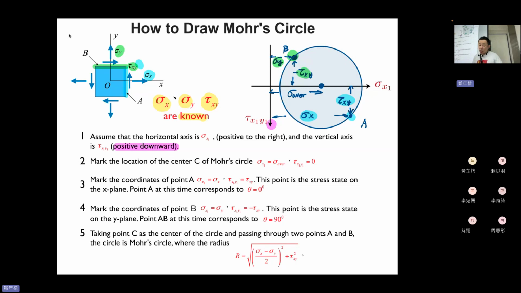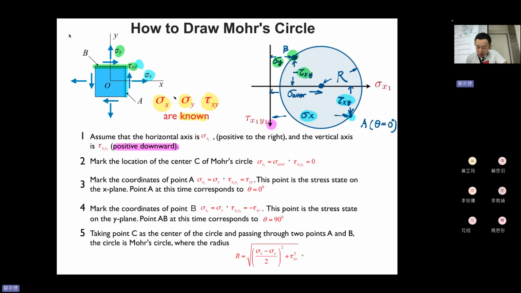And then you will notice the circle with the radius R. Then we can say this point A represents the real world theta equal to 0 degrees, because you are representing this surface.